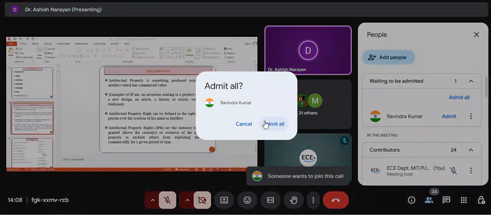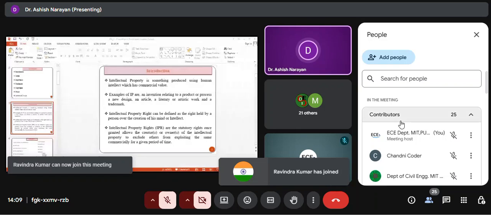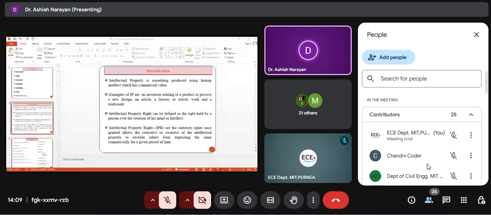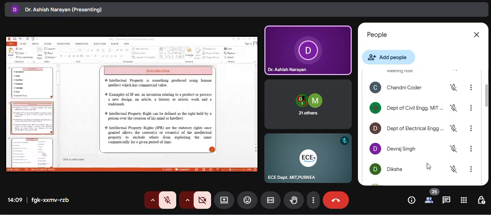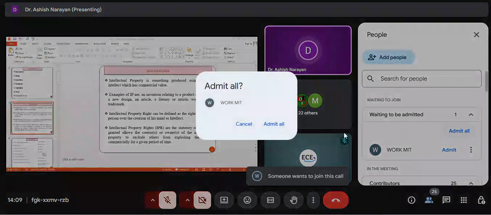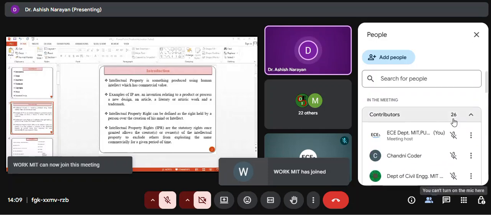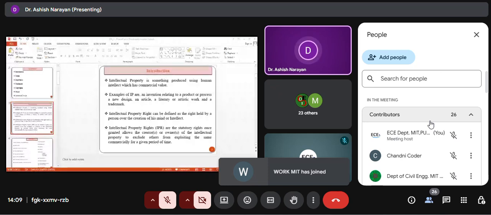Okay. Then trademark, trade secret, plant variety, integrated circuit, geographical indicator. What is the geographical indicator? I will discuss later on in the slide. Then the copyright. What is the copyright? In a patent, you patent the product or design.